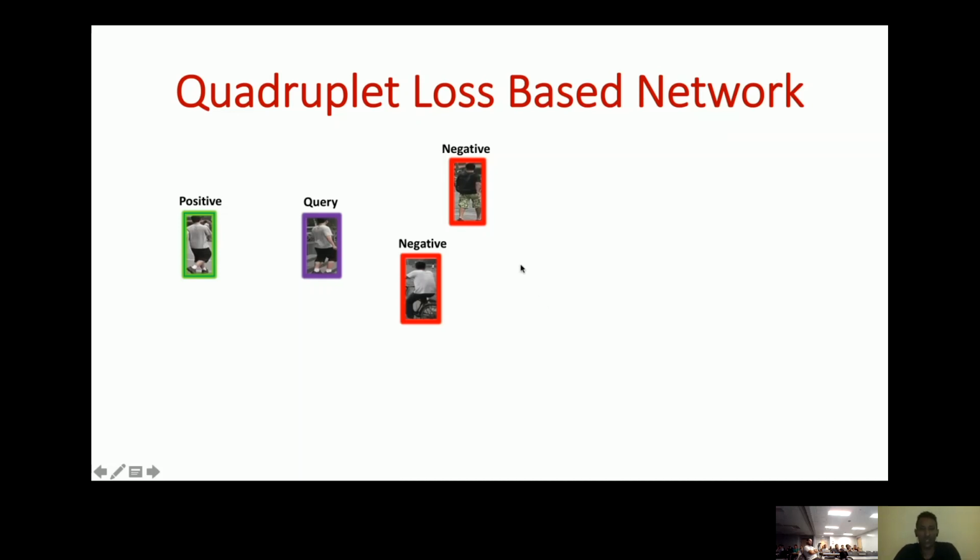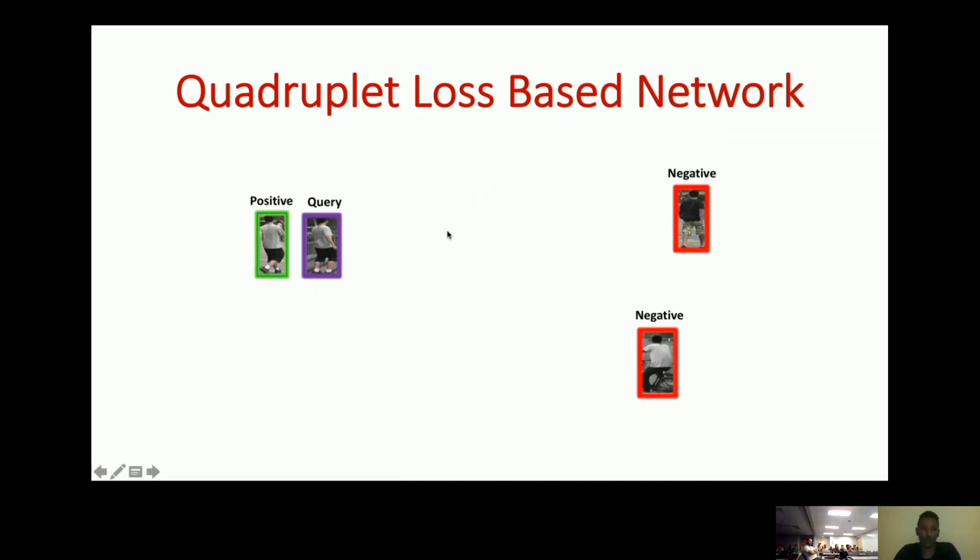This is similar to the triplet loss-based network, but we have four participants in the loss computation, which are the query image, the positive image, and two negative images. Similarly to the triplet-based loss network, here also the objective is to maximize the similarity between the query and the positive image while maximizing the distance between the query and the negative image.